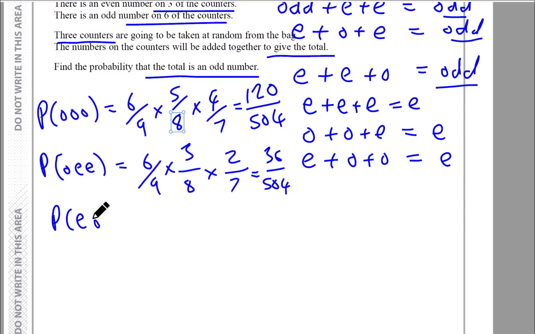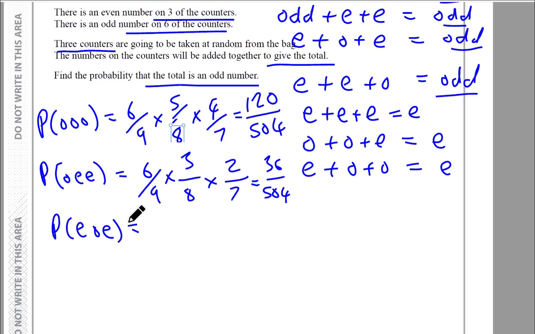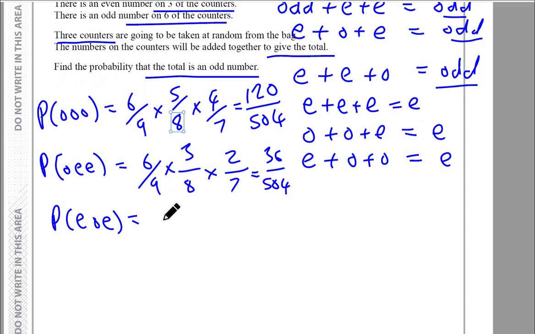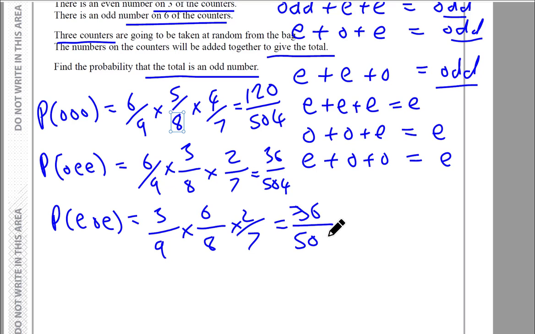P E O E. Again, it should work out the same as this because it's the same multiplication, but let's just do this properly. So that's 3 out of 9 times odd, which is 6 out of 8, times even, which is 2 out of 7. It's the same. 36 out of 504.